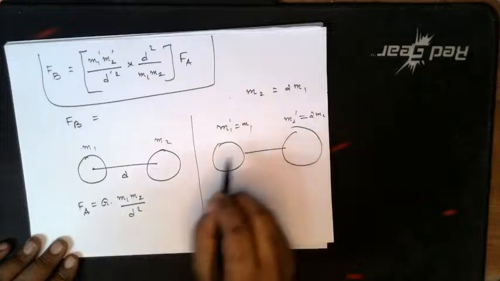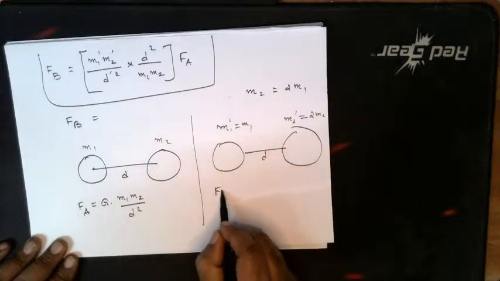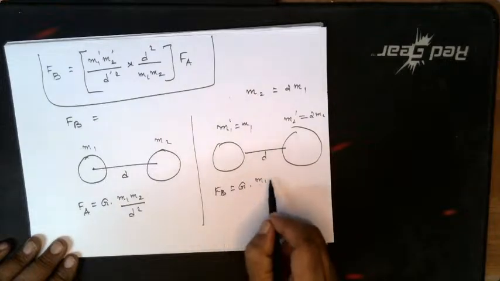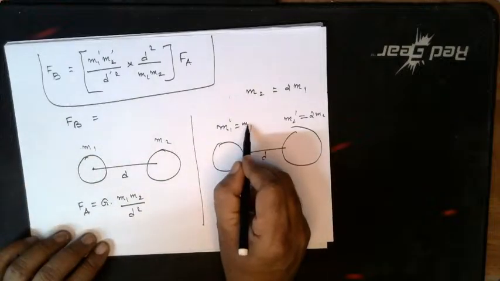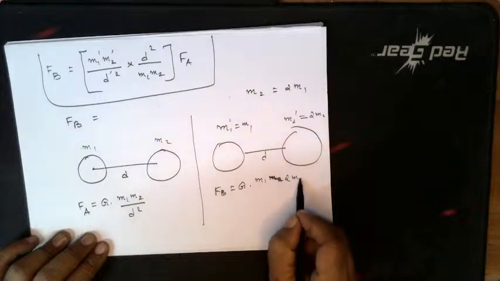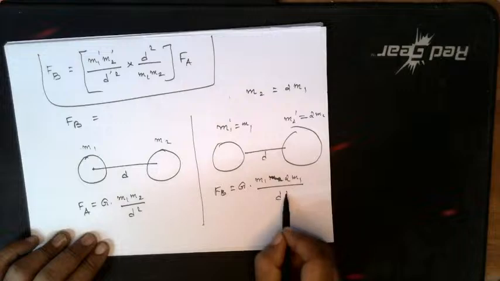So this is D. Now FB is equal to G into M1 dash M2 dash, where M1 dash is M1 and M2 dash is 2M1, divided by D square. The distance is not changed here.